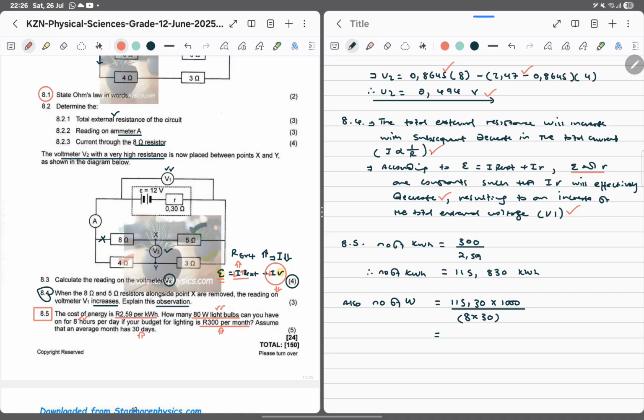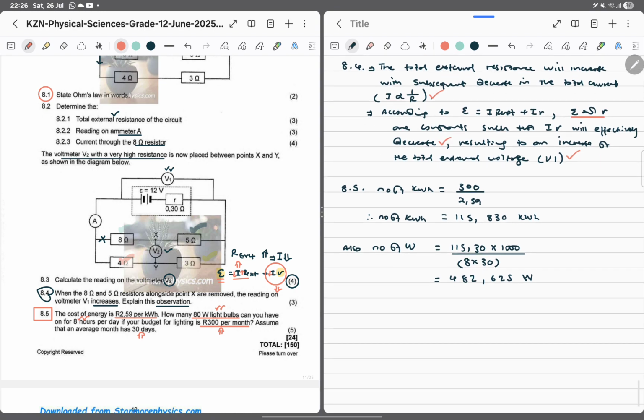This gives us 482,625 watts. Right. So now we can say the number of bulbs is going to be 482,625 divided by 80.